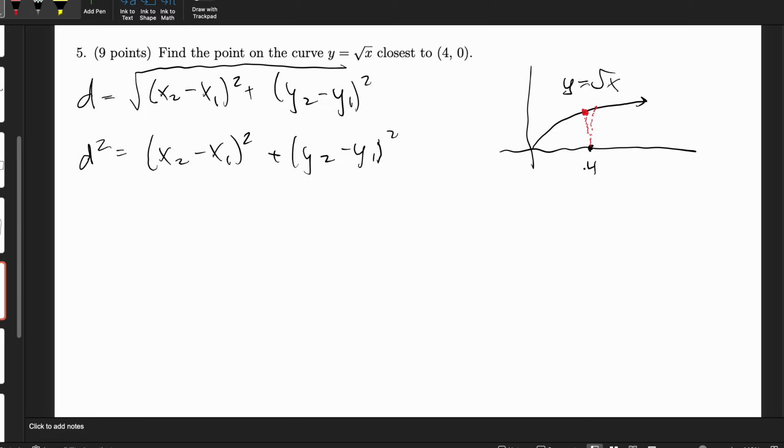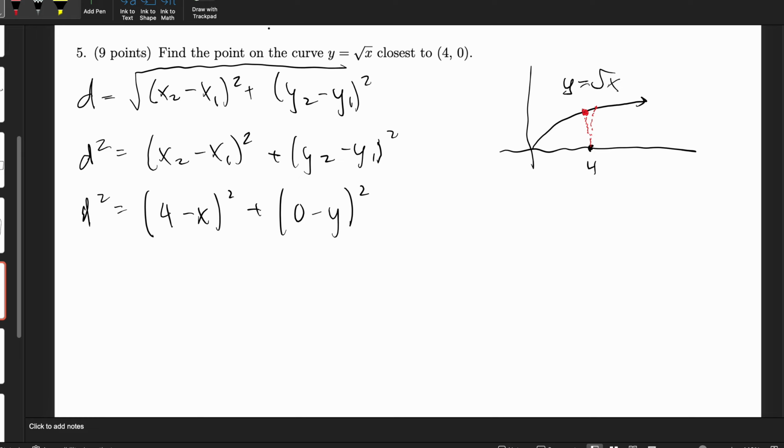All right, so what's my x and what's my y in this case? In this case, my x is 4 and my y is 0, so I'm just going to plug that in. D squared is equal to (4 minus x) squared plus (0 minus y) squared. Good. And what's my y equal to in terms of x?